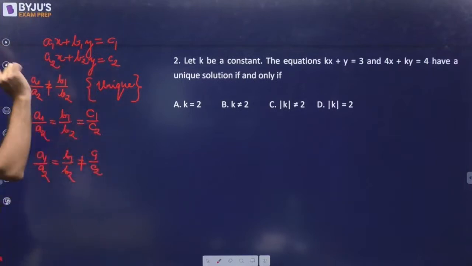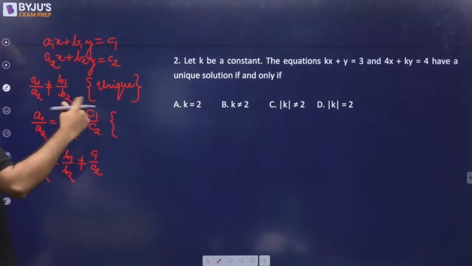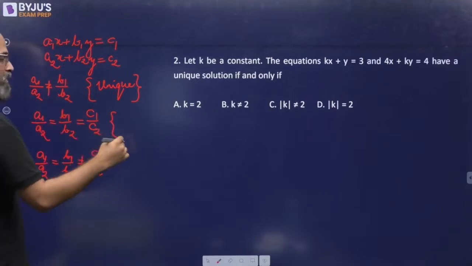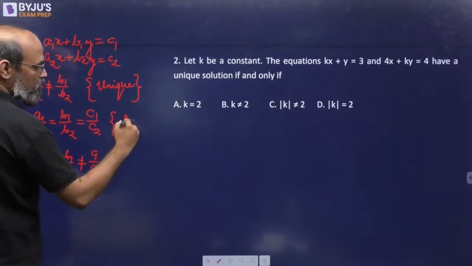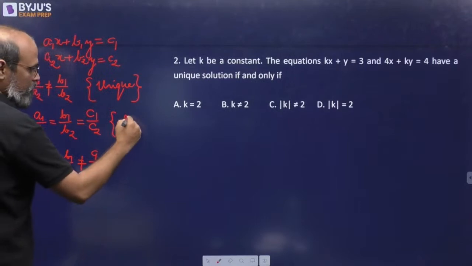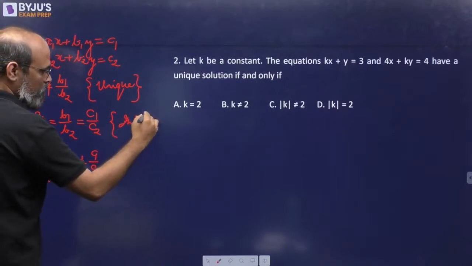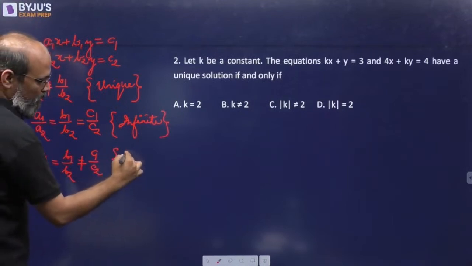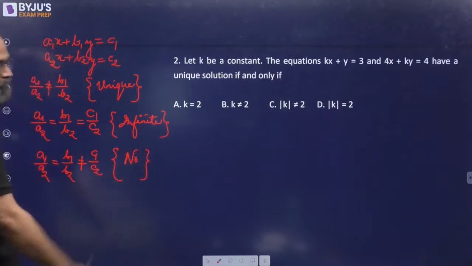So when it is continuously, the ratios are equal for the coefficient of x, y, and the constant term, then this is a scenario where you will have infinite solutions. And this is a condition where you will have no solution at all.